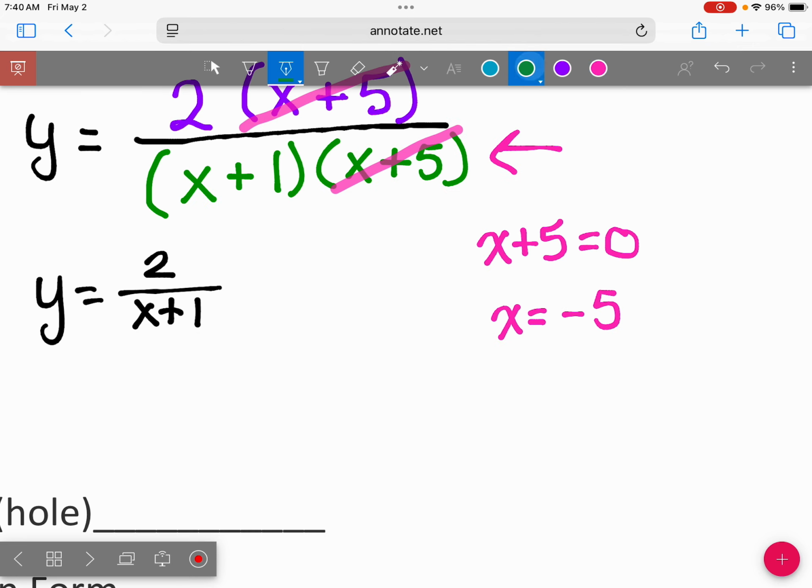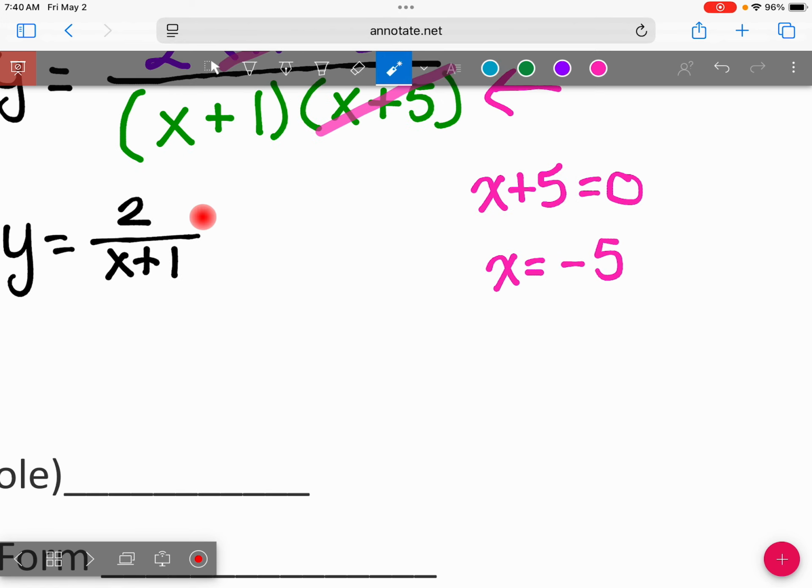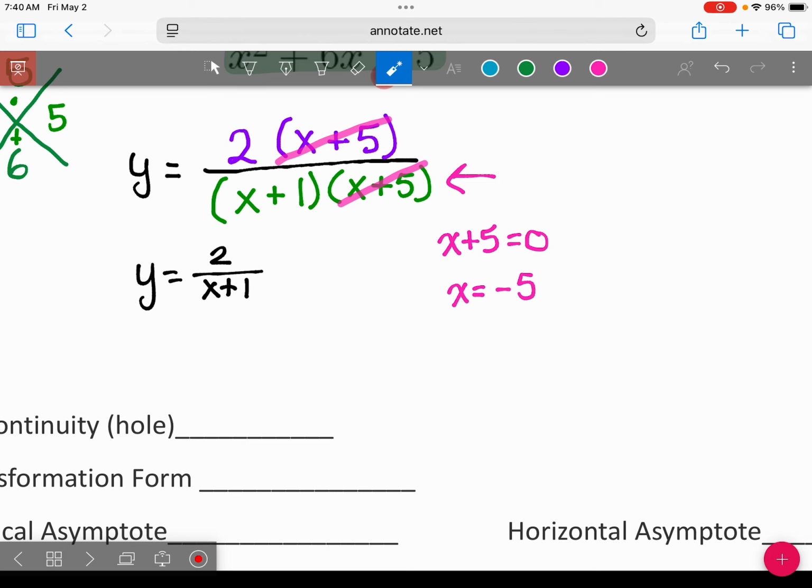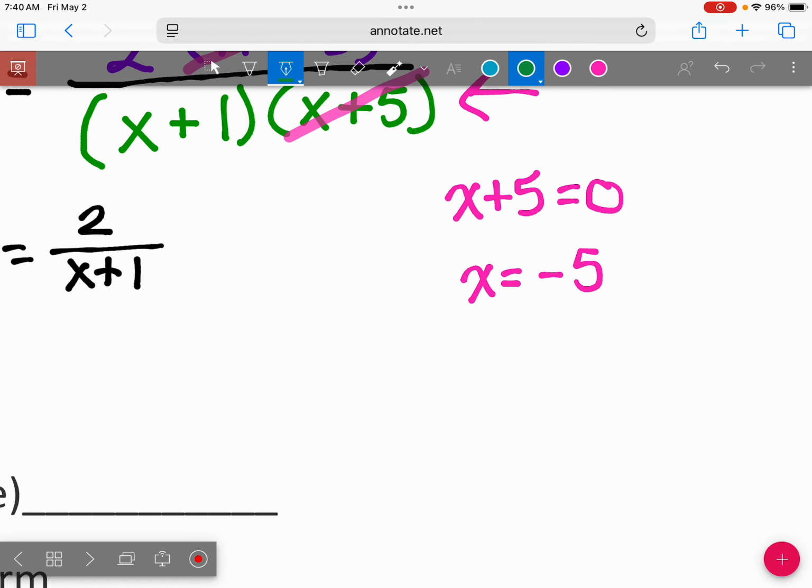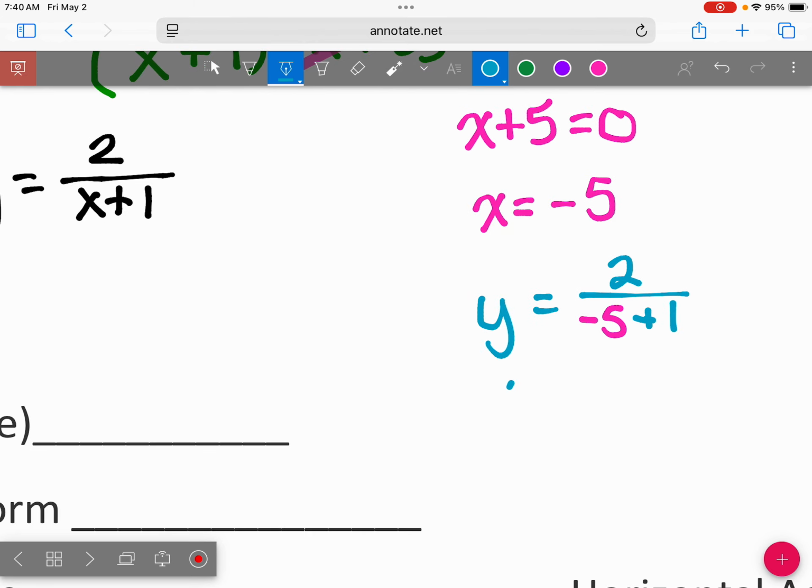To get the y value of the point, we're going to take our -5 and substitute it into our y equation. We need to go with the leftover one, not back up to the original. In the original, you will get a 0, which will give you an error. So our y is going to come from 2 over our x, which is -5, plus 1. What is -5 plus 1? -4.